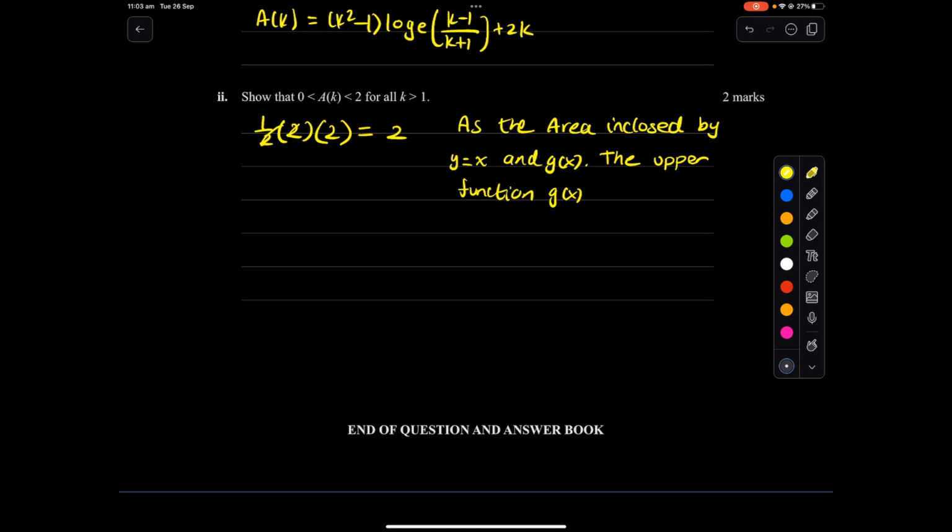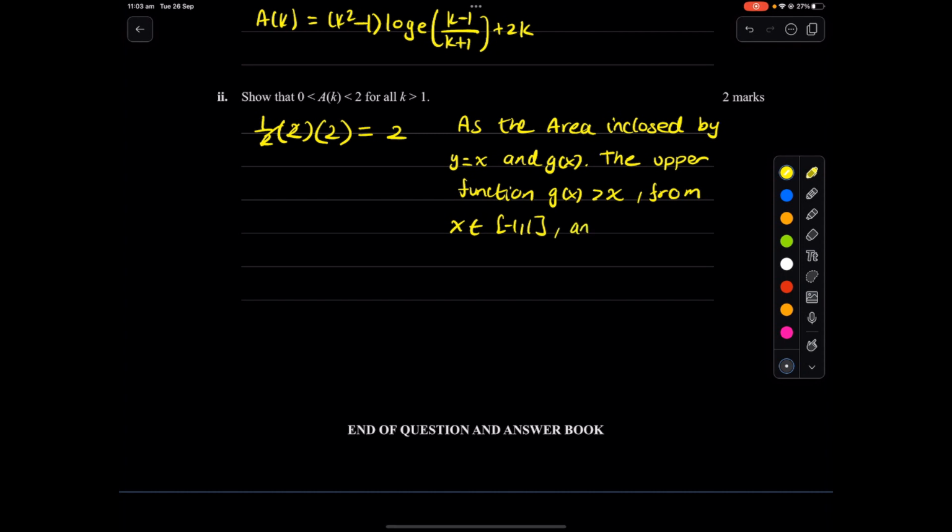This is actually hard to write because you need to write it very nicely to get the marks. What can we write? As the area enclosed by y equals x and g of x, the upper function g of x is greater than x, we can see, for x an element from -1 to 1.